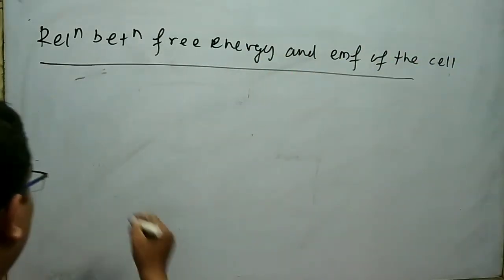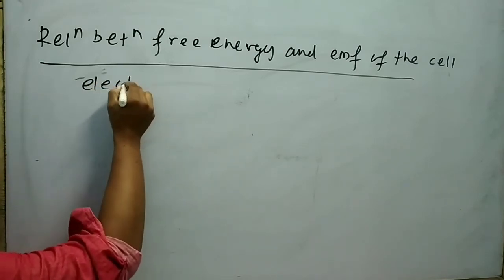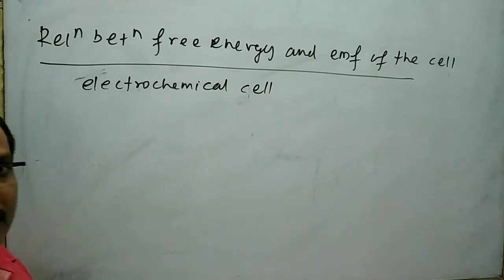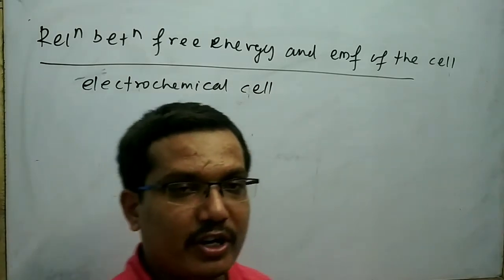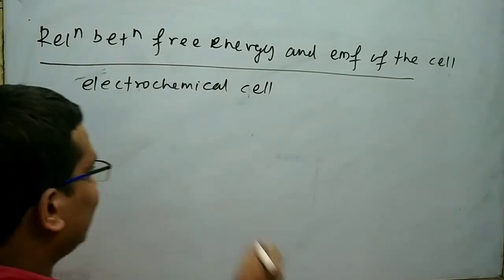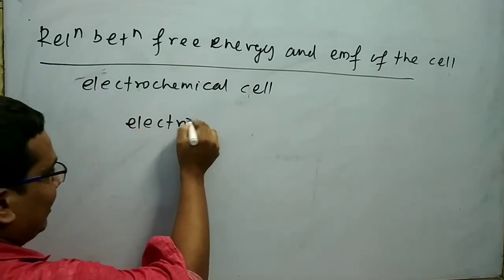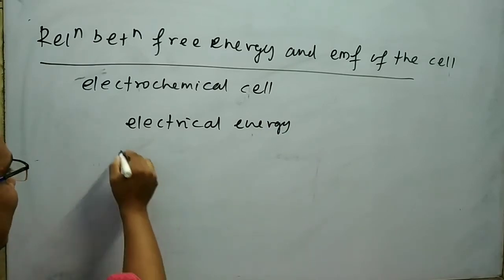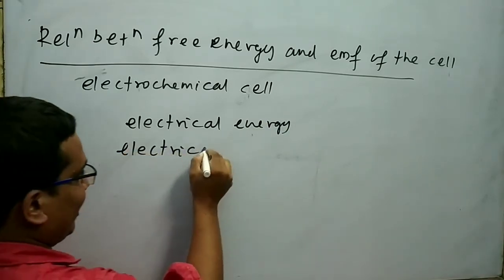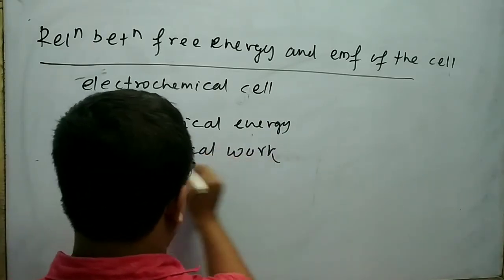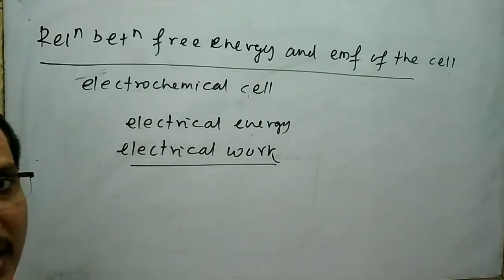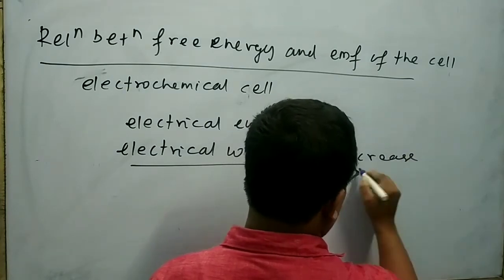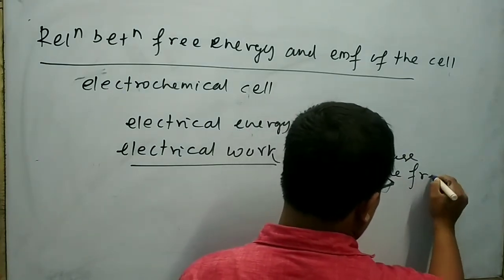Remember an important point: in an electrochemical cell, the chemical energy is converted into electrical energy. This electrical energy is produced by electrical work, and the electrical work is equal to the decrease in the free energy.